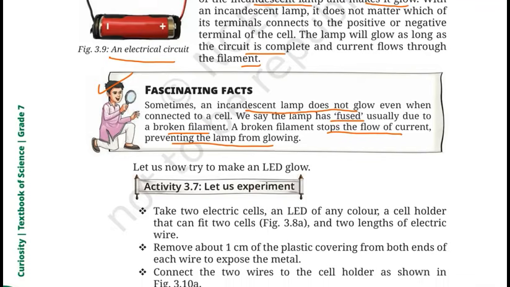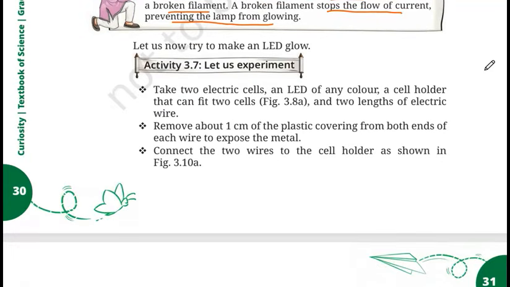Okay, now LED. We have already seen how LED lights look. Suppose we have an LED light like this and we have a bigger leg and a smaller leg. The bigger leg is the positive terminal, the smaller leg is the negative terminal. So what do we need for this experiment? We need two electric cells.